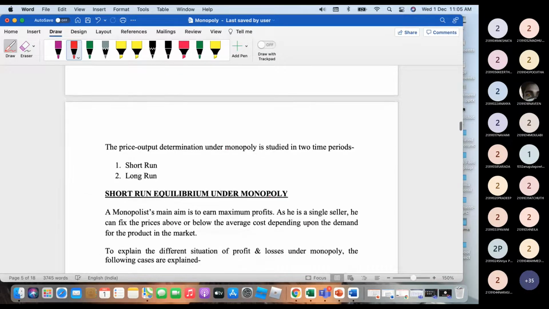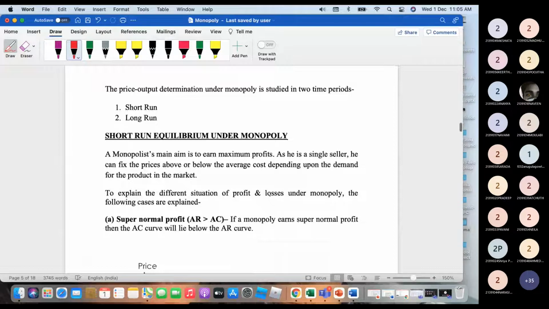So now we start here, students, with the price output determination under monopoly. We will be doing the price output determination under monopoly in two time periods, which we call the short run and the long run. Students, I just want to tell you again, the short run and long run definitions remain the same. The short run definition, what we did in the production chapter, remains the same.